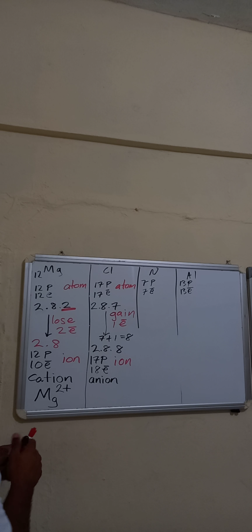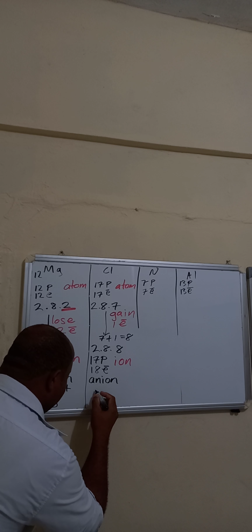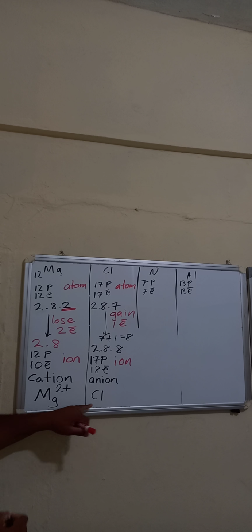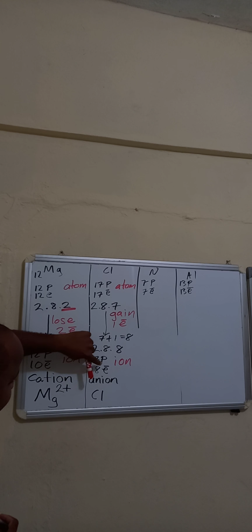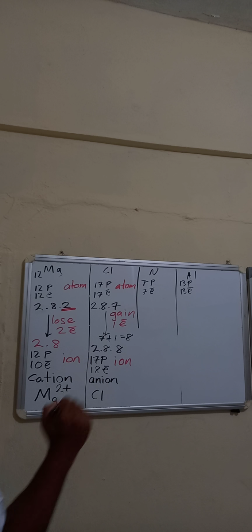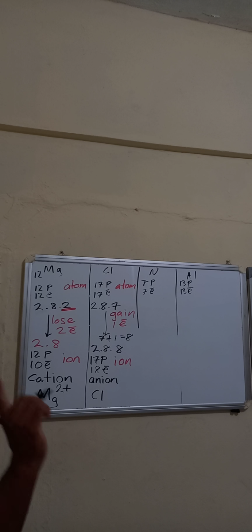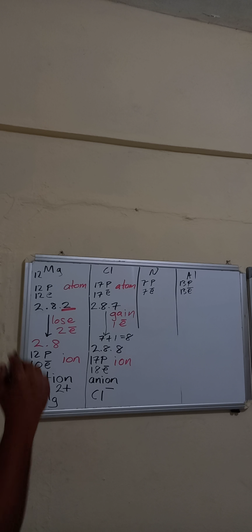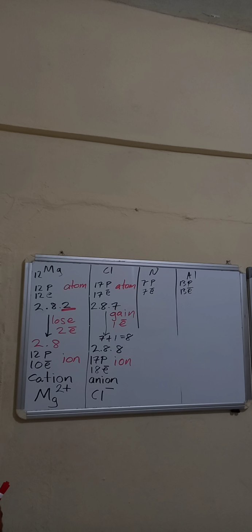So the formula now for the chloride ion, Cl, you write the ion. How many negative charges do we have? We have 1. Now when it's 1, all you will do is put the sign. So for negative 1, you just put a negative. But if it was negative 2, then you would put the 2 minus.